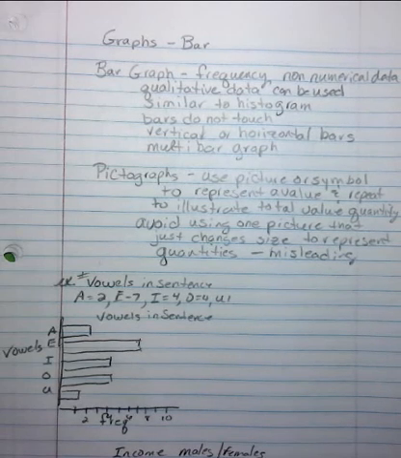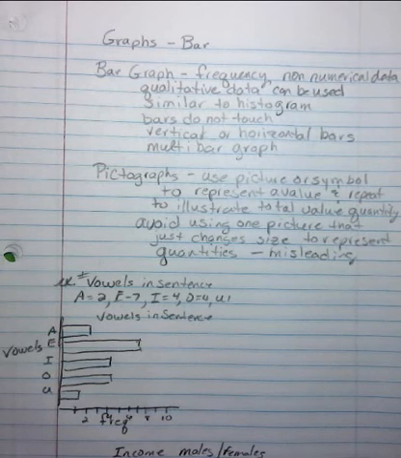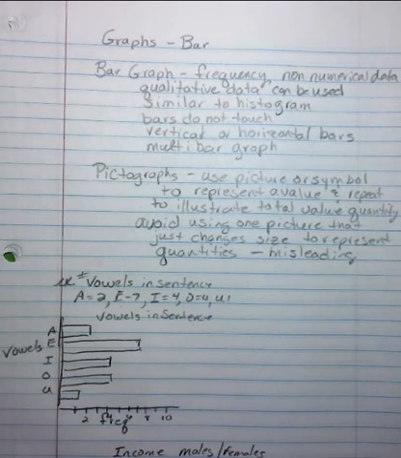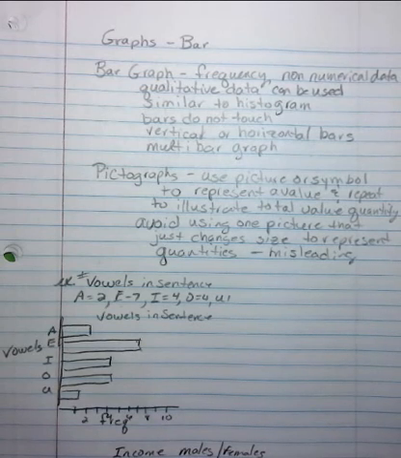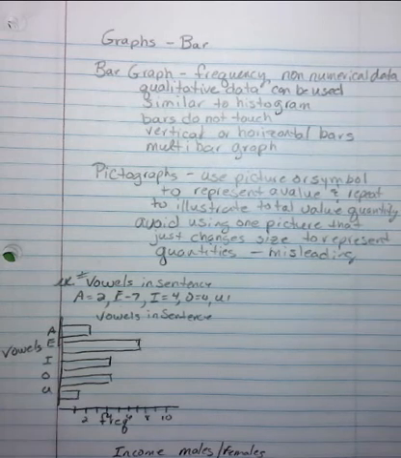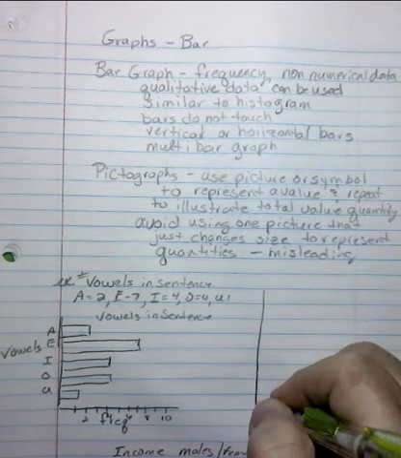For the females, we had income of $1,000. In the 60s, the males had income of $5,000, and the females had $2,000. In the 70s, the males had $8,000, and the females had $3,000. So again, this one's going to be a vertical bar graph.